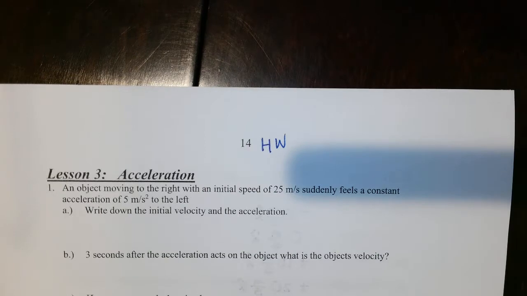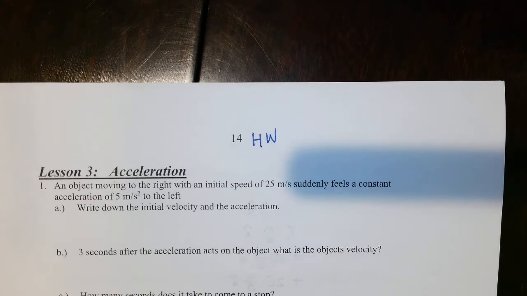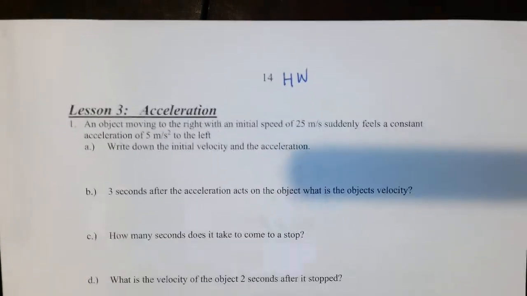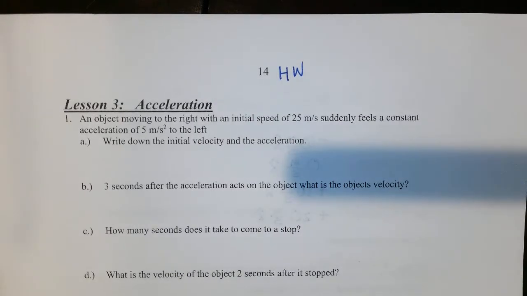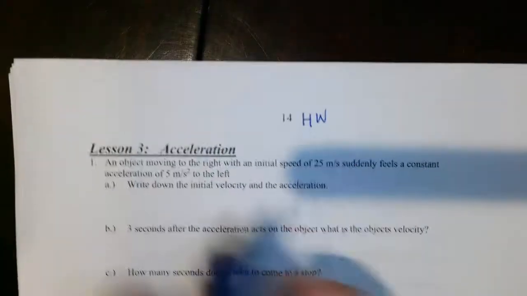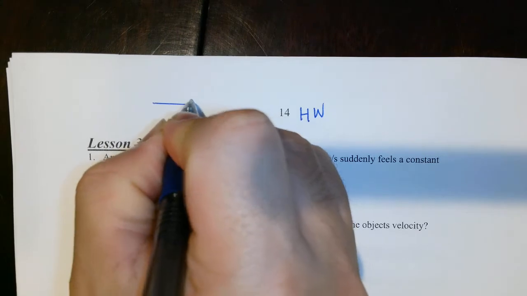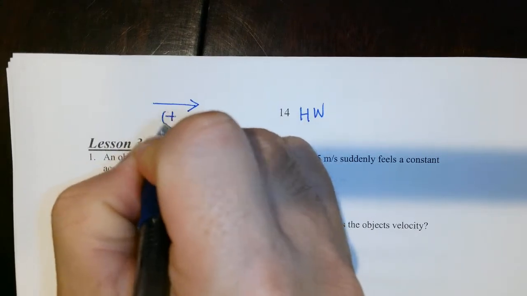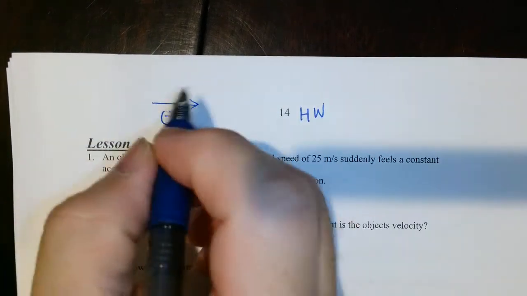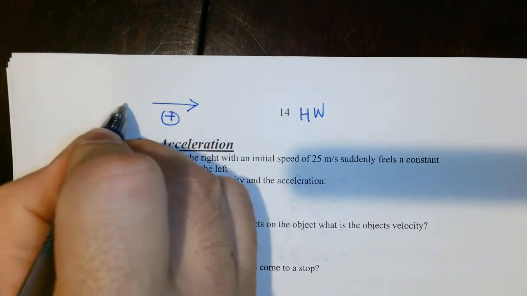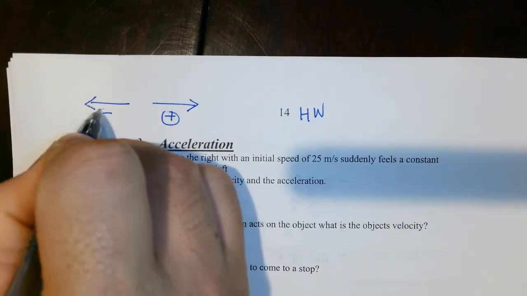I think it's a good idea that we actually establish the directions so that we are all on the same page. Let's consider the direction to the right as the positive direction, and to the left as the negative direction.